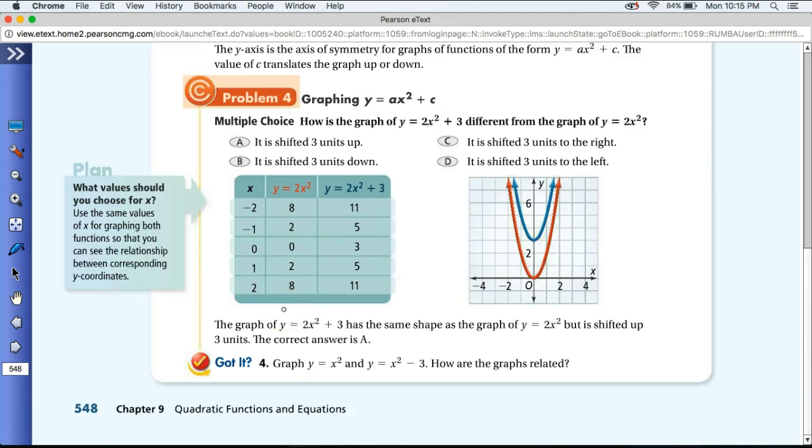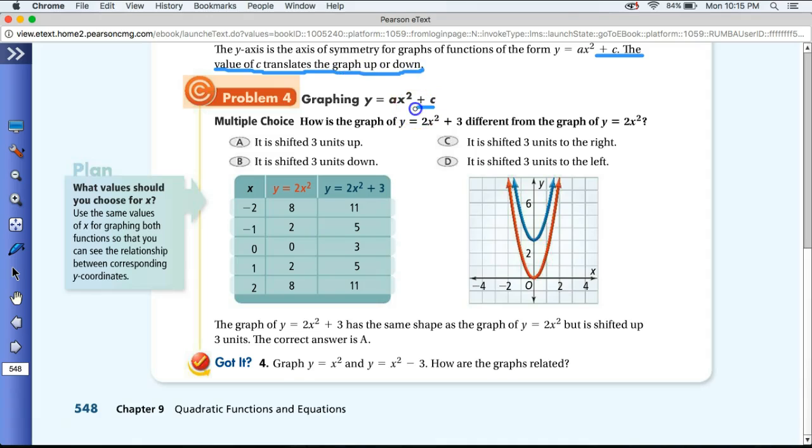Okay. Next, finally, graphing y equals ax squared plus c. This is going to work very much like a y-intercept in a linear equation. As you can see, if I jump back up here, it says the value of c translates, which means slides, the graph up or down.